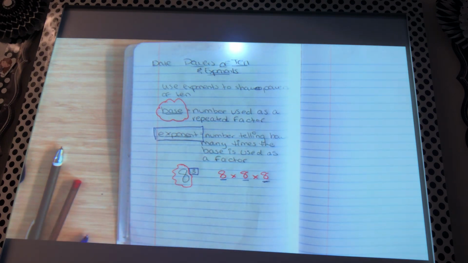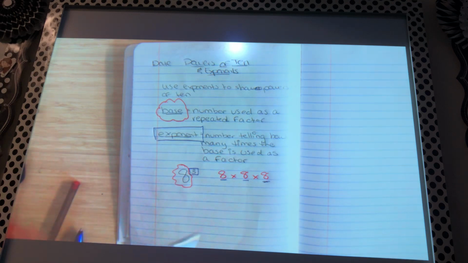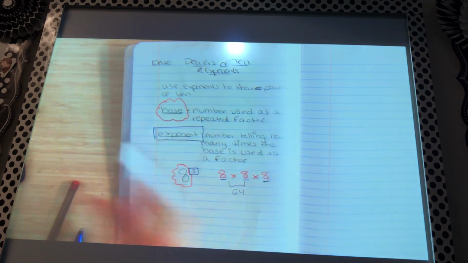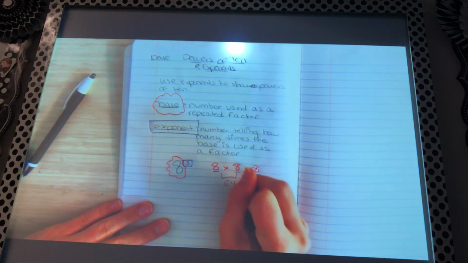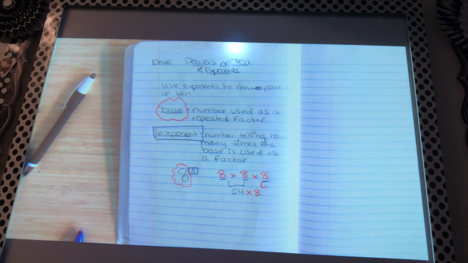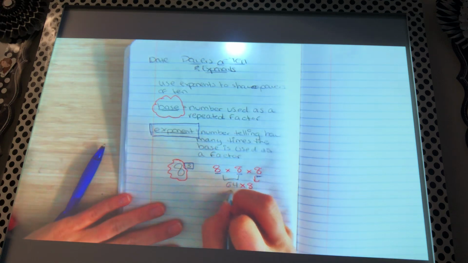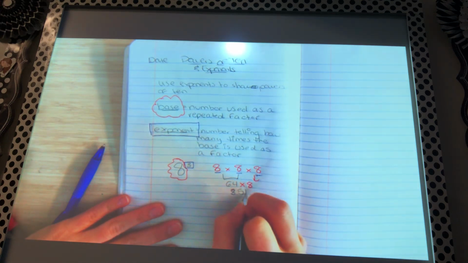So if I did that math, I would know that I could do 8 times 8, I'll start there, and then once I get my product of 8 times 8, then I would need to bring down my next factor of 8 again and multiply 64 times 8 because my base repeats 3 times, and that would give me a product of 512.